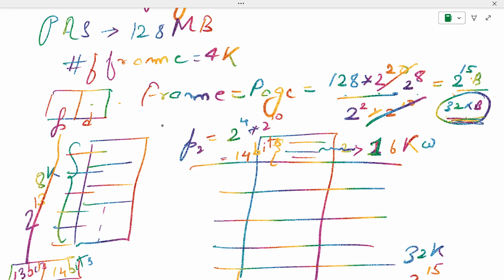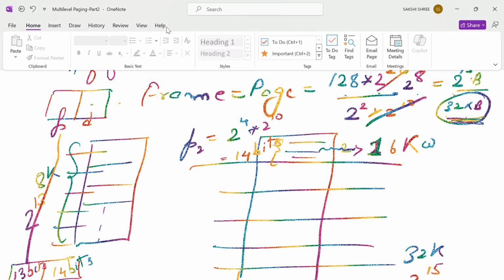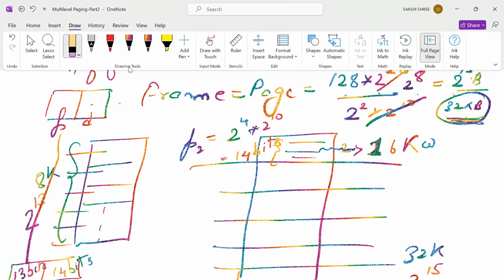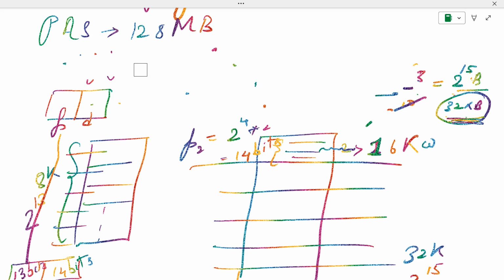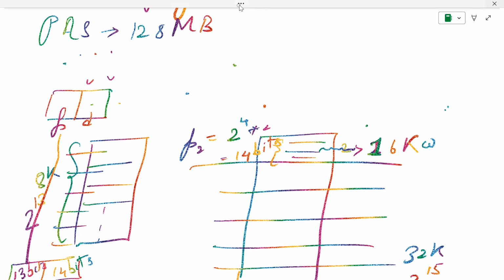Okay, it's not 4 KB. The total number of frames is 4K, right? So I made a mistake here. Let me correct it. It won't affect that much, but here instead of the total number of frames, we were taking the page size and frame size. So here the frame size is given as 4 KB.